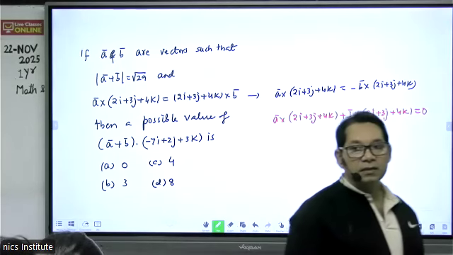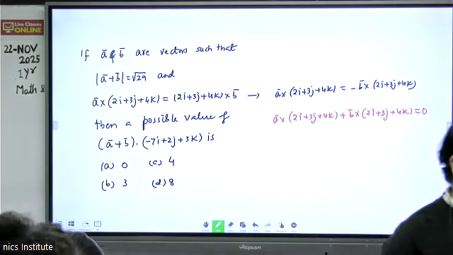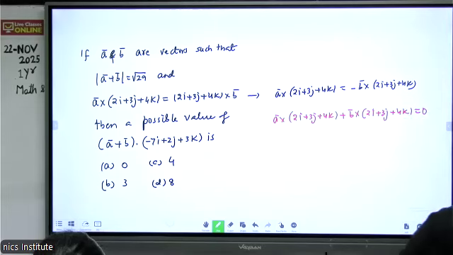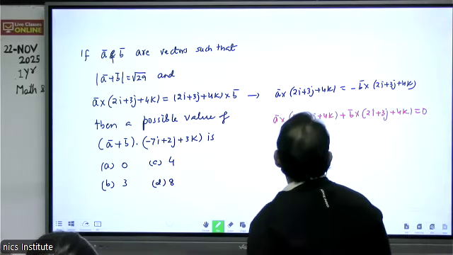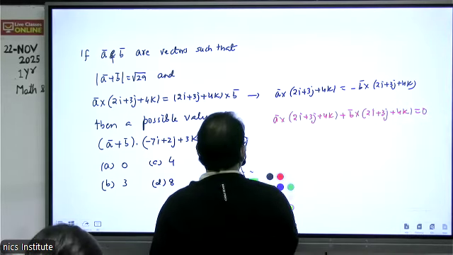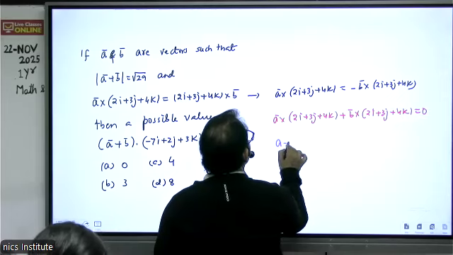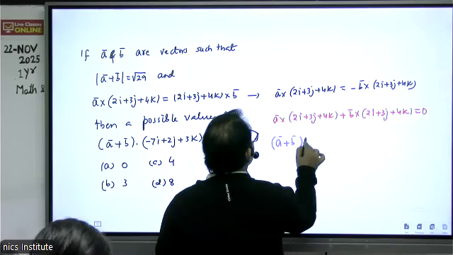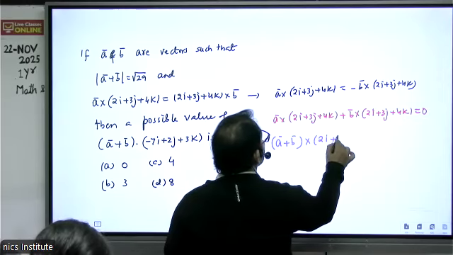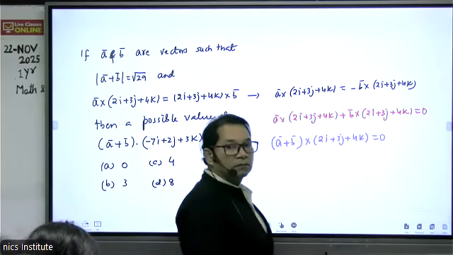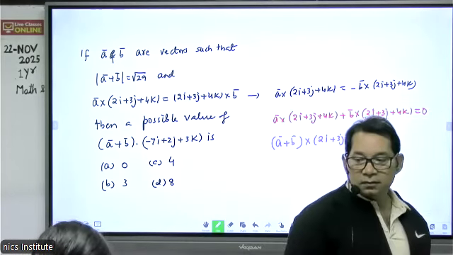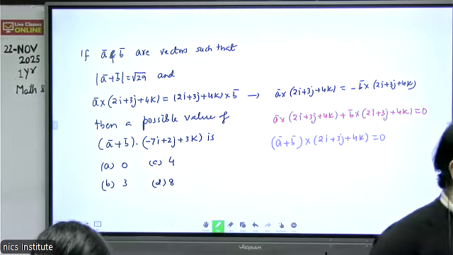Now you can answer it easily. Now can you write this as A plus B cross 2i plus 3j plus 4k equals to 0? Now what?